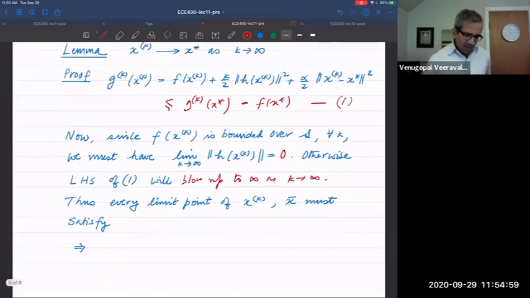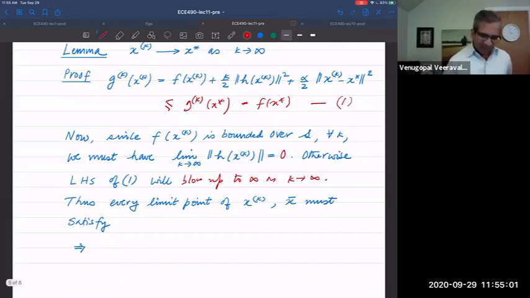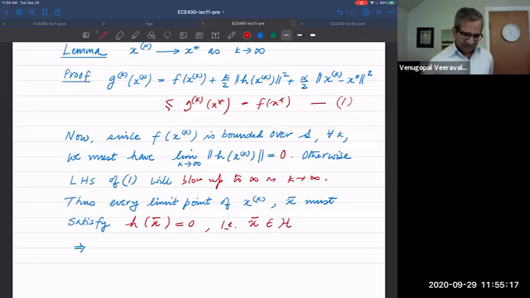So every limit point of xk must satisfy h of x bar equal to 0. And that means it's a feasible point from my original optimization problem. It belongs to the constraint set H.